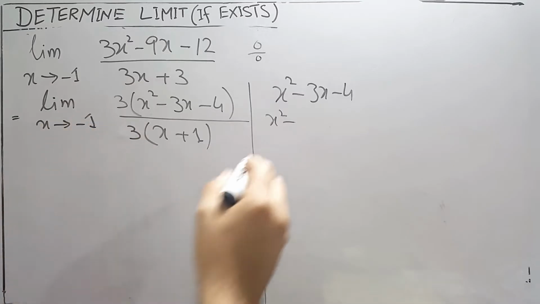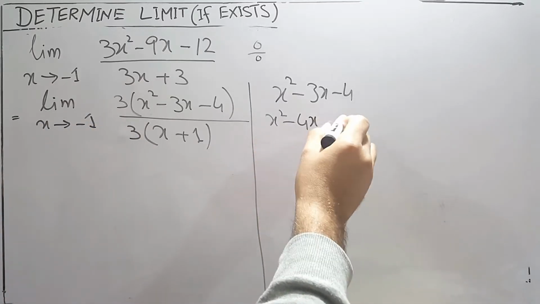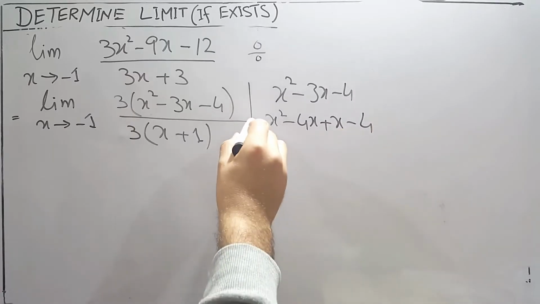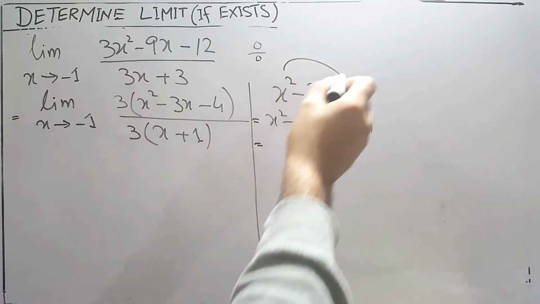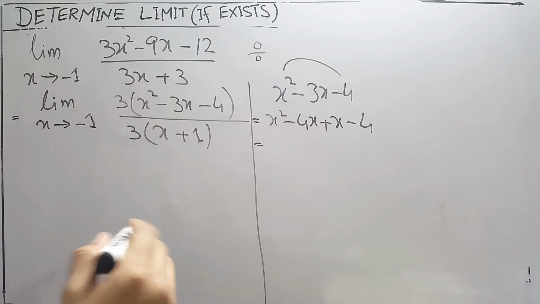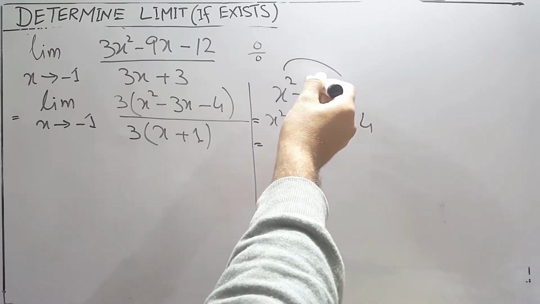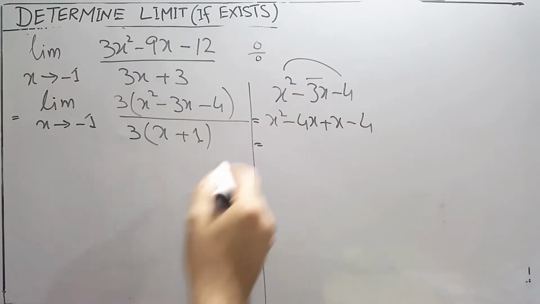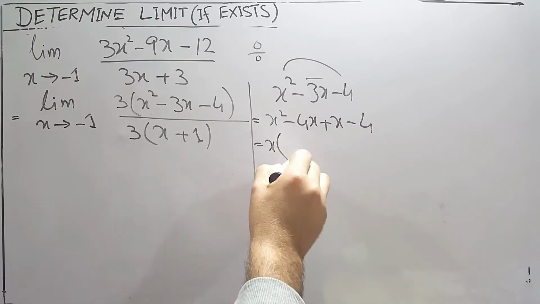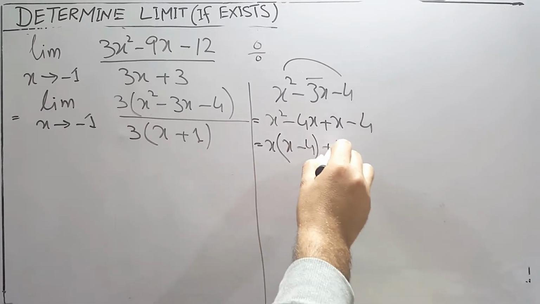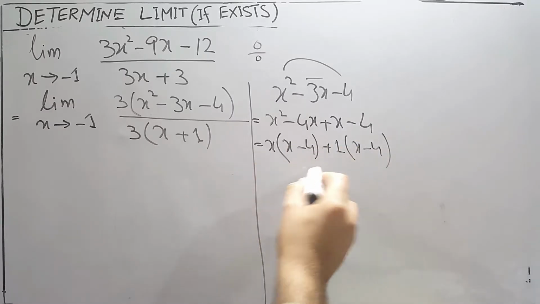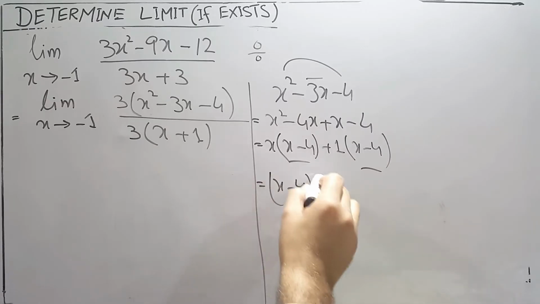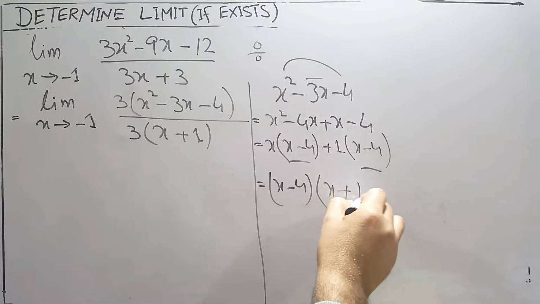We need minus 4, so what I can do is minus 4x plus x minus 4. This is the first and last rule, or you can call this splitting the midterm, or midterm break. So I can take common x from here, so x minus 4, and if I take 1 from here, this is x minus 4. We have x minus 4 common, so here is left x and here is left 1.